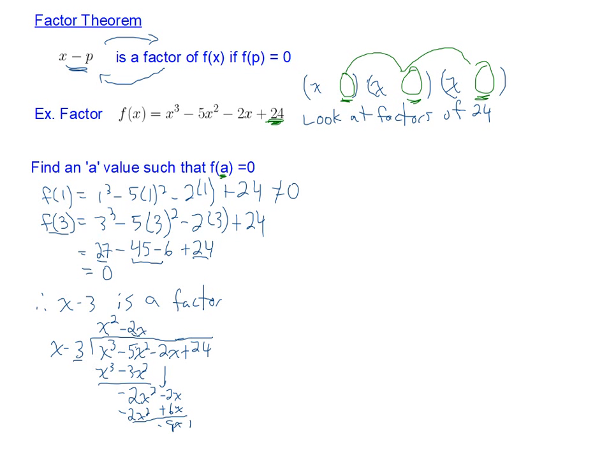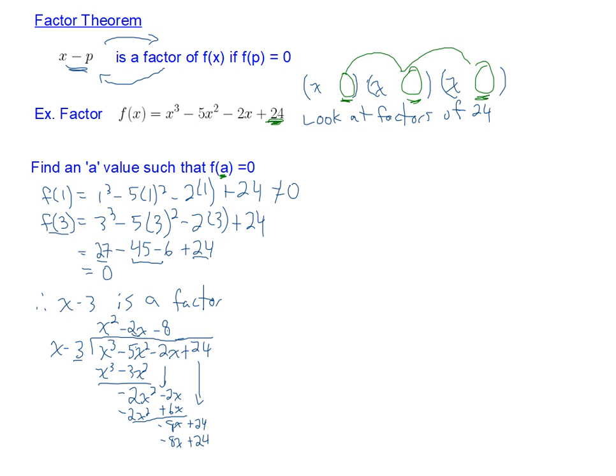And there's still that 24. We'll bring that 24 down. And then we do the same thing. So negative 8x divided by x is going to be a negative 8. So we'll just add that in here. And then we'll do the expansion. Negative 8 times x is negative 8x. And then negative 8 times negative 3 is positive 24.